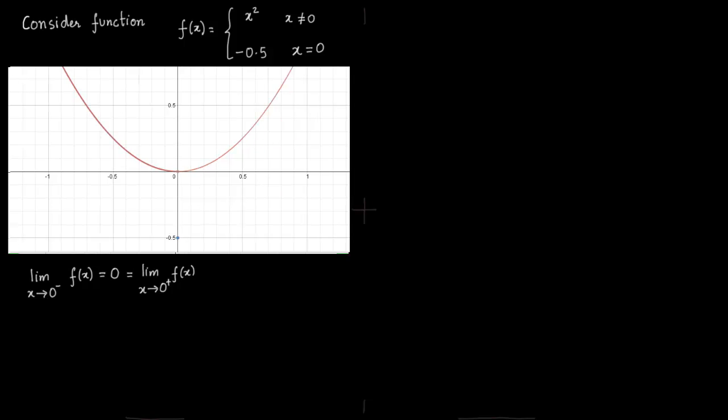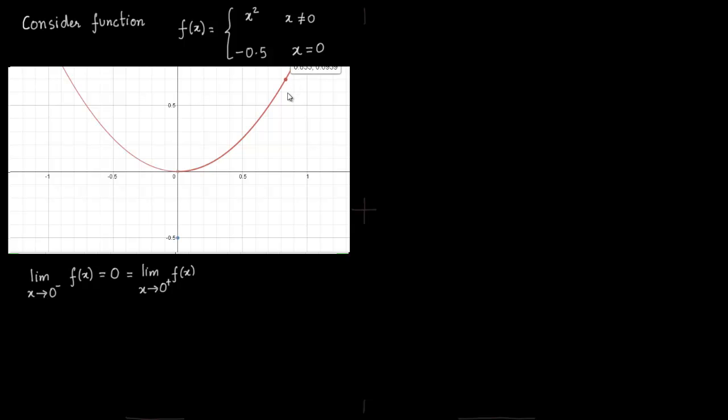So we start approaching from the negative side first, that is from values less than 0. So as the x coordinate gets closer and closer to 0, f(x), which is x square, also gets closer and closer to 0. So therefore the limit of f(x) as x tends to 0 from the negative side is 0.